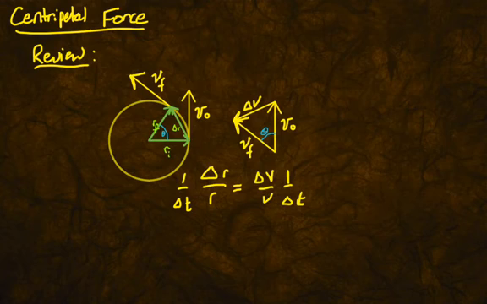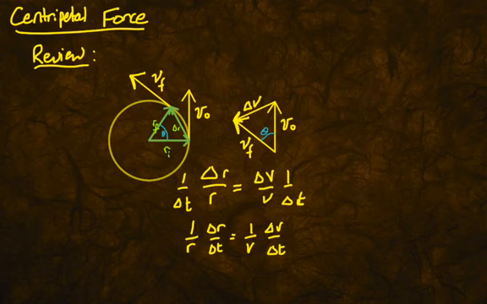If we multiply them, just because we can, by 1 over delta t, which is really just determining the rate of change of these, we find that 1 over r times delta r over delta t equals 1 over v times delta v over delta t.